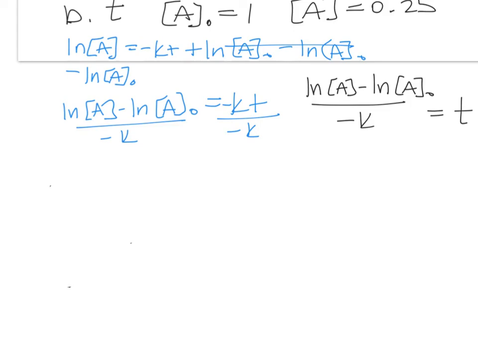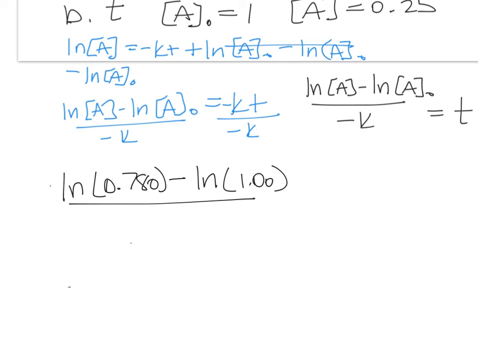All right, so plugging those in, ln 0.780 minus ln 1 over negative 1.42 times 10 to the negative fourth per second is equal to t.